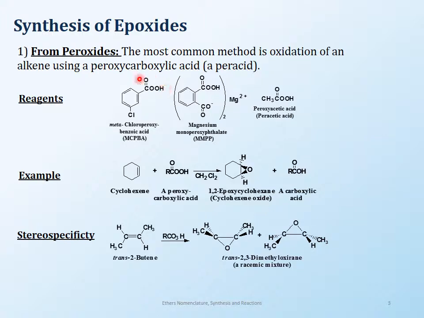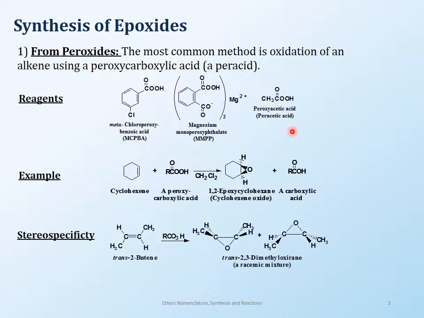And I want you to look at this portion over here. If I remove this oxygen or this 1 oxygen from here, then this looks like an acid, carboxylic acid. But since we have an extra oxygen, this is called peracid. As we know, per means that you have the maximum number of oxygens present in a system. So this is going to be a peracid, and that's how you will see all of these also.